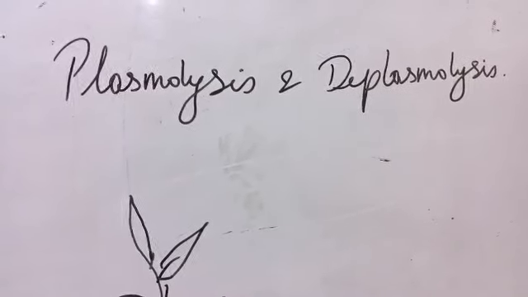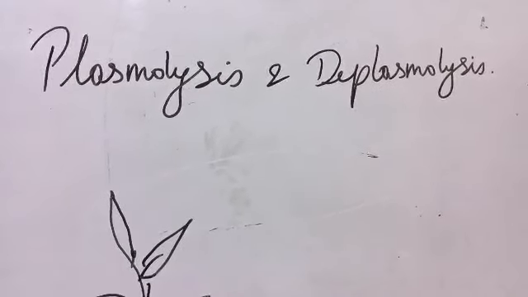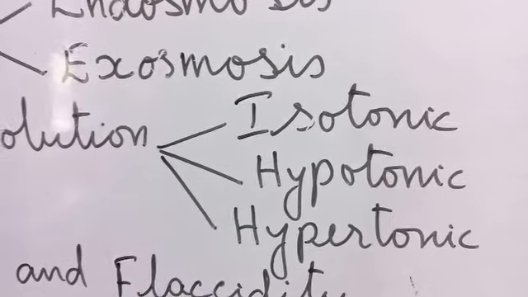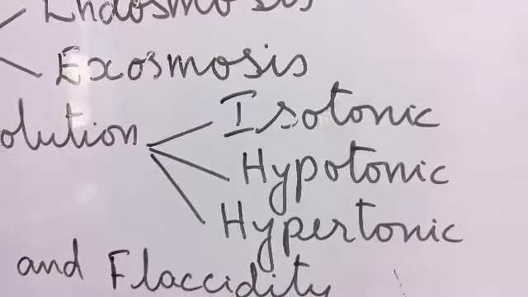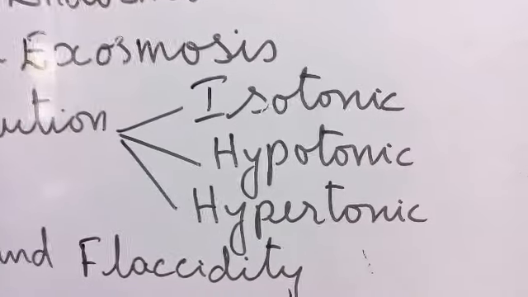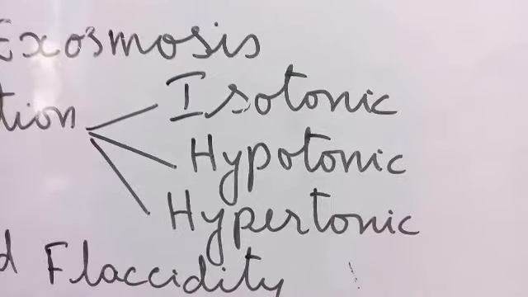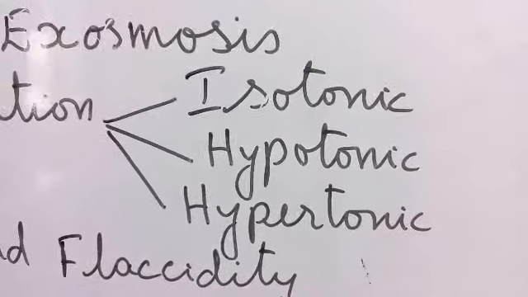When we discuss plasmolysis and deplasmolysis, we must go through the tonicity of the solutions. Take types of solutions: isotonic, hypertonic and hypotonic. Isotonic solutions, the water molecules are equal, the solvent molecules concentration is equal outside in the solution as well as in the cell content.